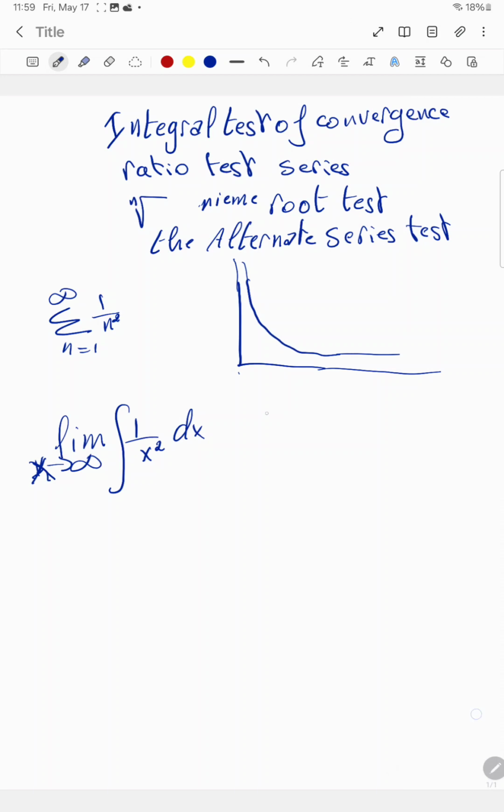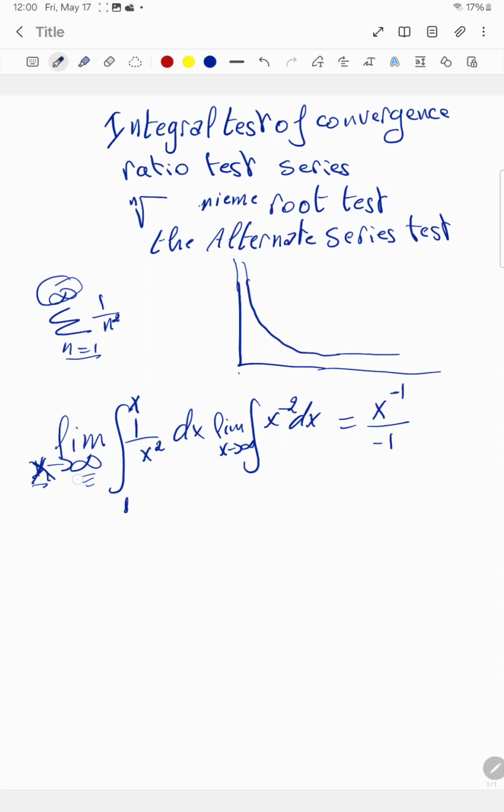So the integral of this is the limit for x going to infinity of the integral of x to the power minus 2 dx, which is equal to x to the power of minus 2 plus 1, which is minus 1, divided by minus 1. And I study it between 1 and x, where x is going to infinity, because we said it is going from 1 to infinity.